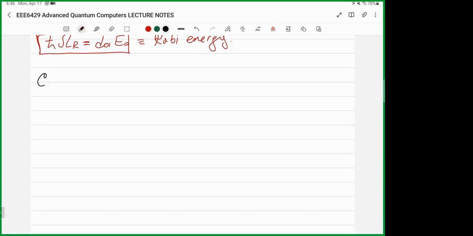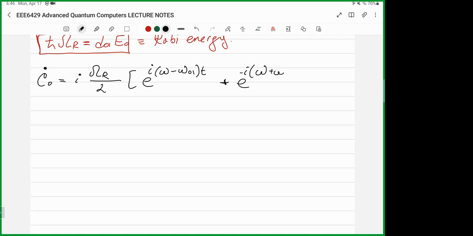So it is C sub 0 dot equal to imaginary unit Rabi frequency over 2, then in parentheses e to the power of i (omega minus omega 01) t, plus e to the power of minus i (omega plus omega 01) t, times C sub 1.